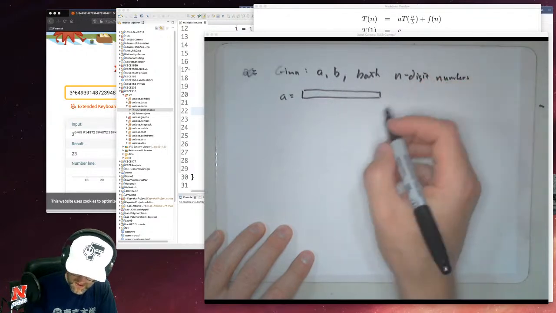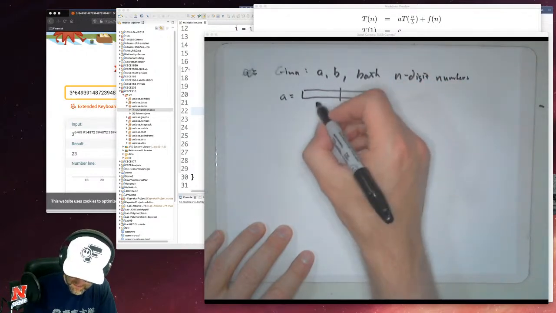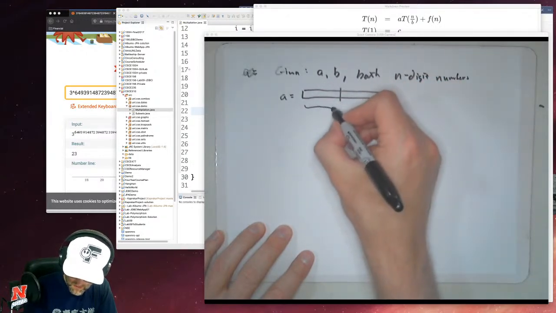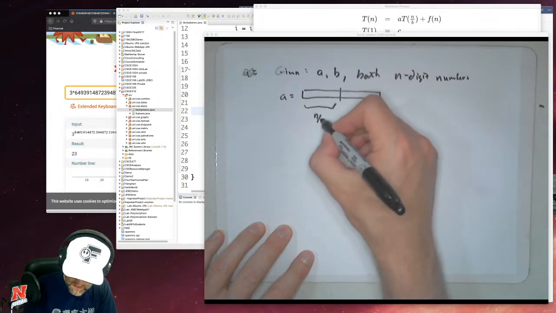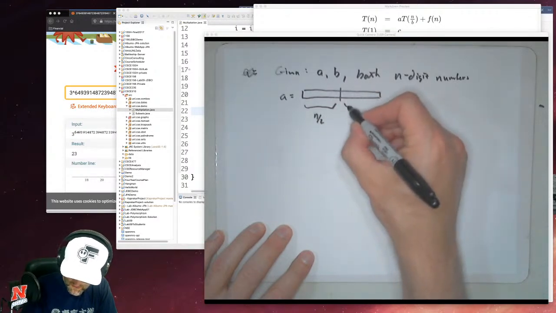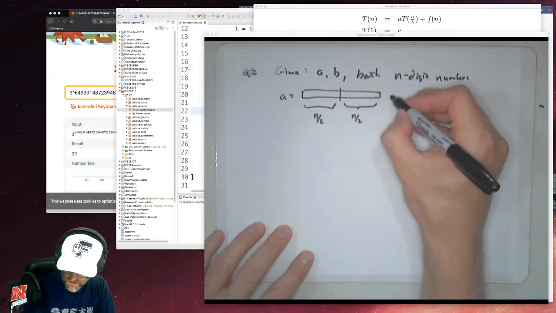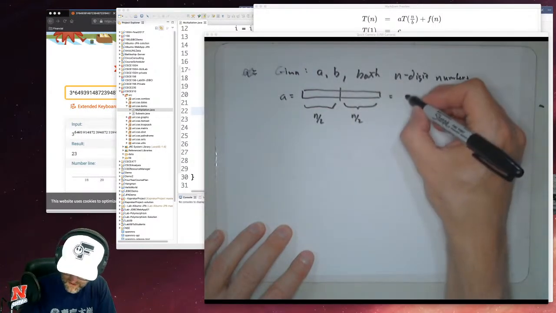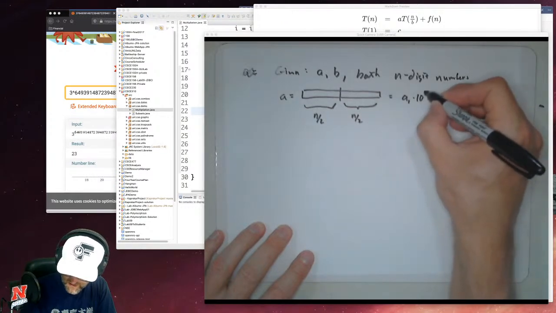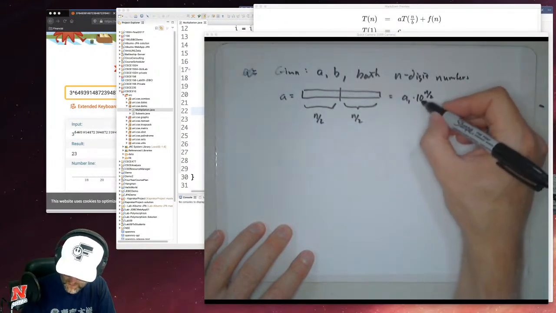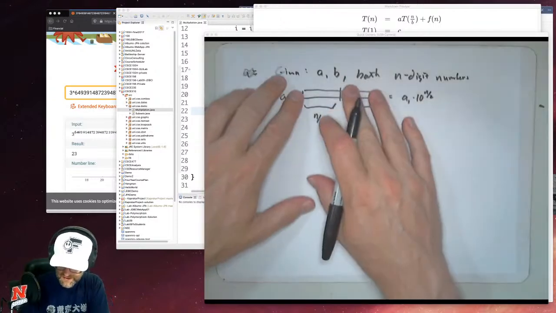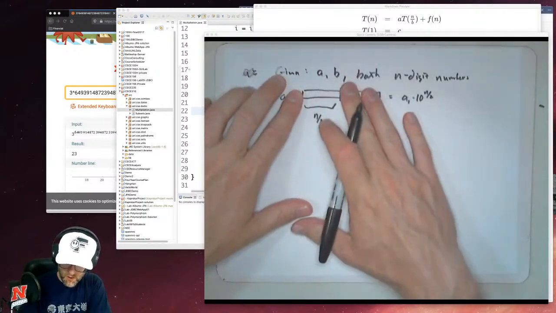Suppose that I wrote down A and it looked like this, and I cut it in half. If there were n-digit numbers to begin with, then here there are going to be n divided by 2 digits. Right? And what I'll do is I'll give those names. I'll say that it's A1 times 10 to the n divided by 2. Right? What I'm doing is I'm taking the digits here and chopping this part off.